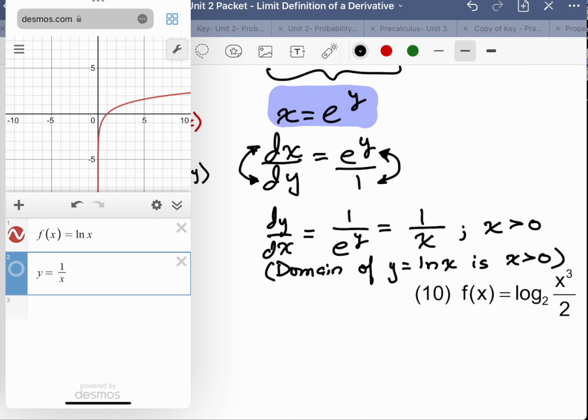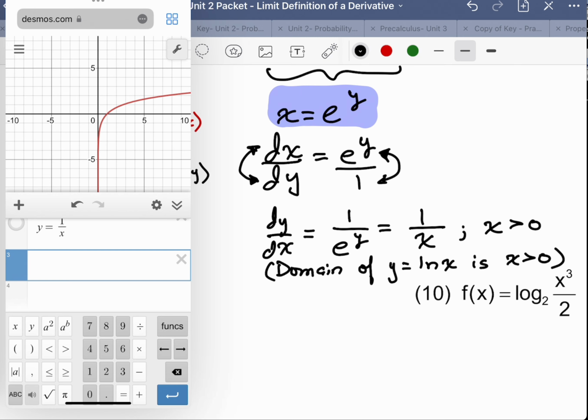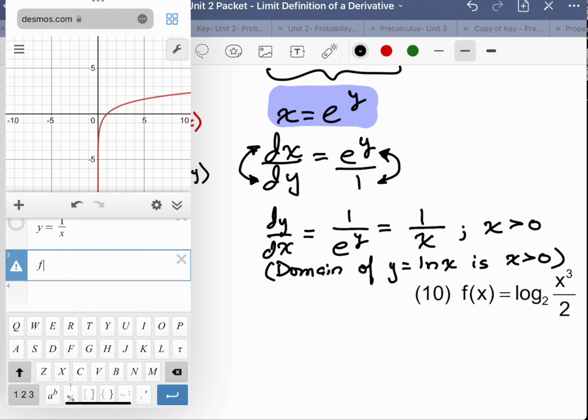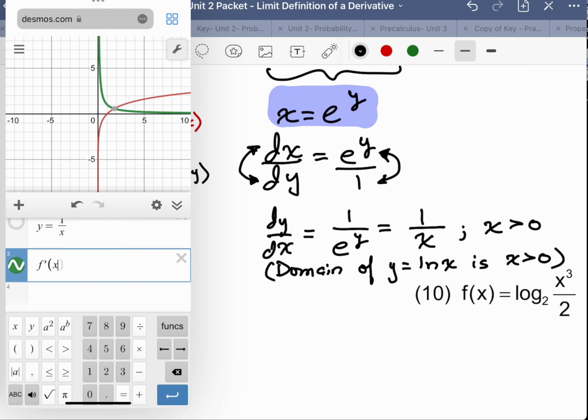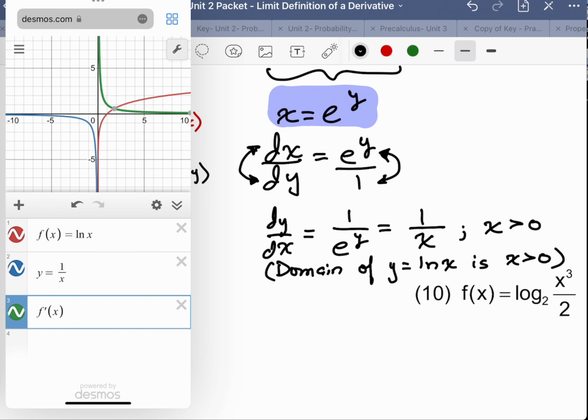All right, as opposed to having Desmos compute the derivative for me, f prime of x, it only shows one part of that. All right, and that would be the part that's to the right of the y-axis, the part that corresponds to the domain of the original function.